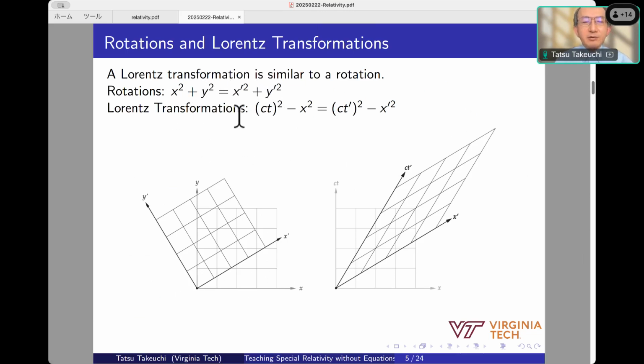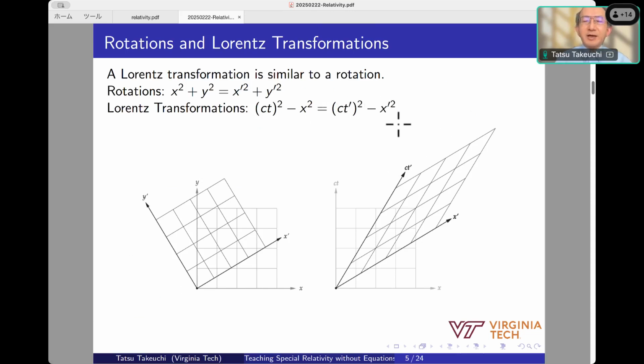And for the Lorentz transformation, the situation is analogous, except instead of time squared plus space squared, it's time squared minus space squared that is conserved when you go from one frame to another. So it's ct squared minus x squared that is equal to ct prime squared minus x prime squared.